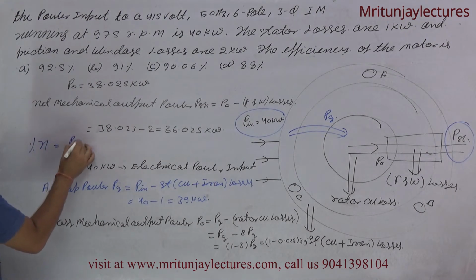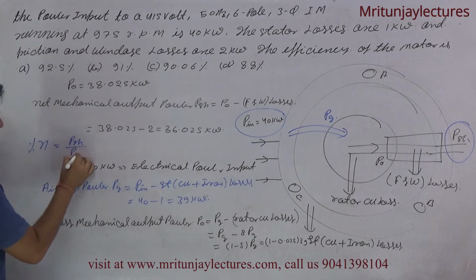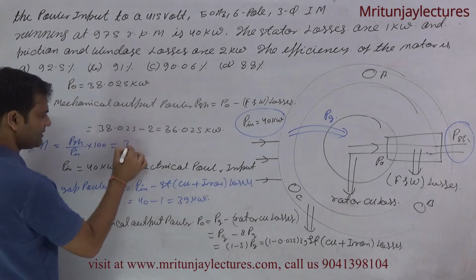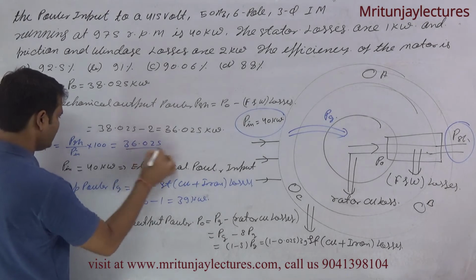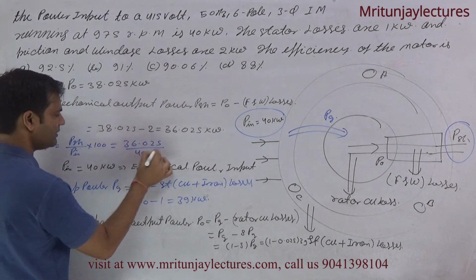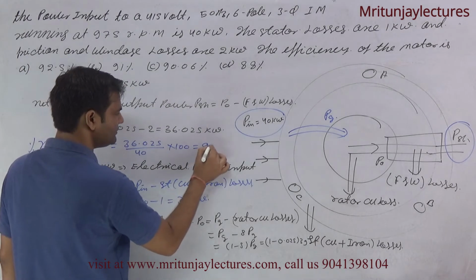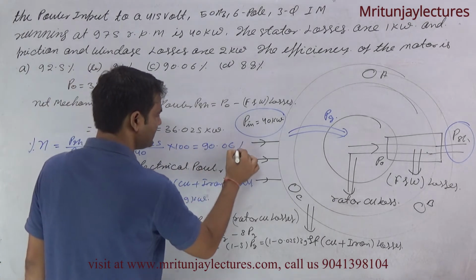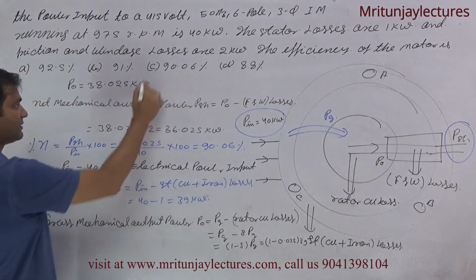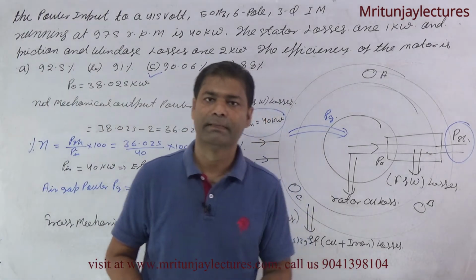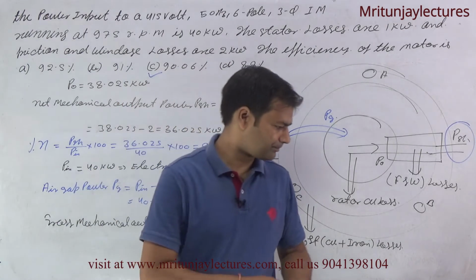That is PSH divided by P input into 100, that is 36.025 divided by 40, into 100. Finally we got 90.06 percent. Which one is correct? C is the correct option. Okay, make it. It is clear.